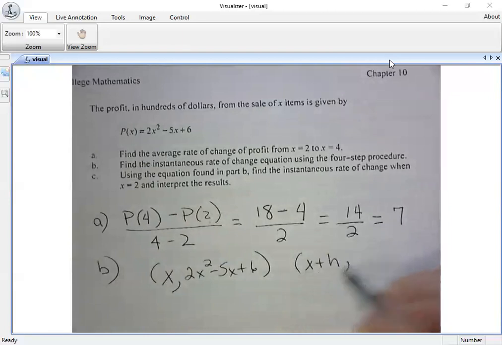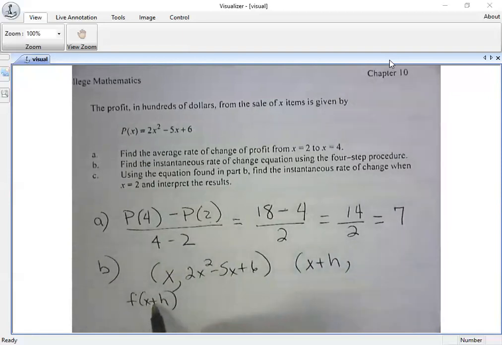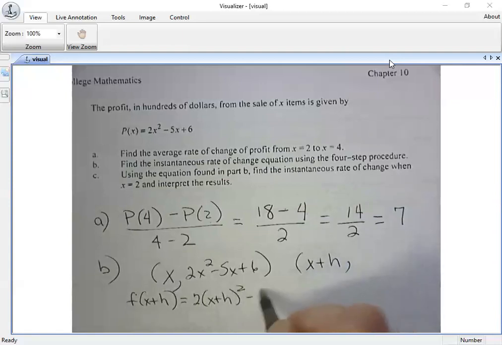And now to get the f of x plus h, I'm going to have to do a little bit of work by plugging x plus h in for x to the original function. So that means I'm going to have 2 times x plus h in parentheses squared minus 5 times x plus h plus 6, okay?